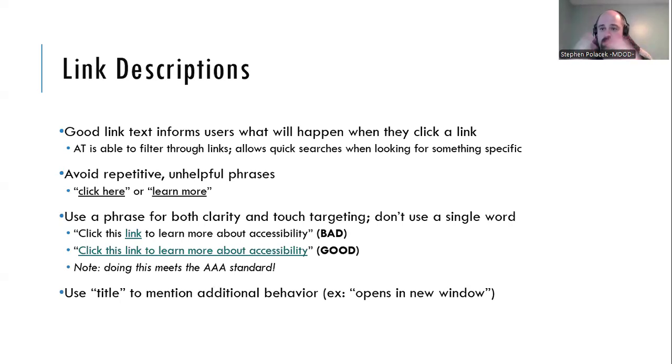Ideally, preferably, that would be visible, but it is another method of at least adding the information so that a screen reader user doesn't just get learn more, learn more, learn more. So I hope that was clear. Ideally this was not the perfect example. I'm just trying to make sure people understand, use more than a word and use identifiers.